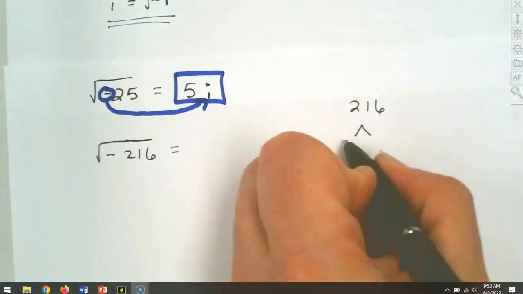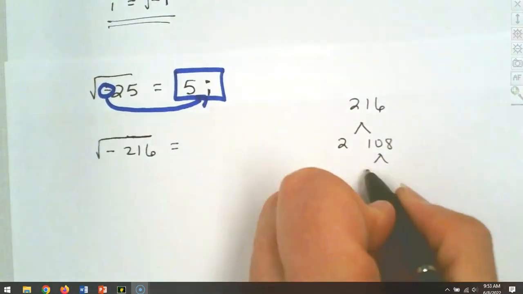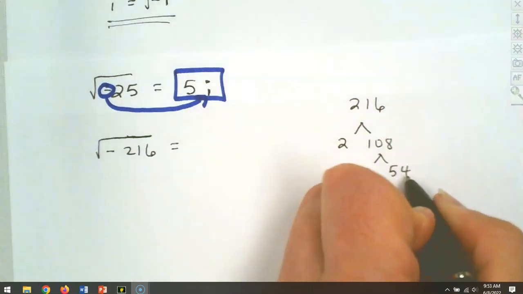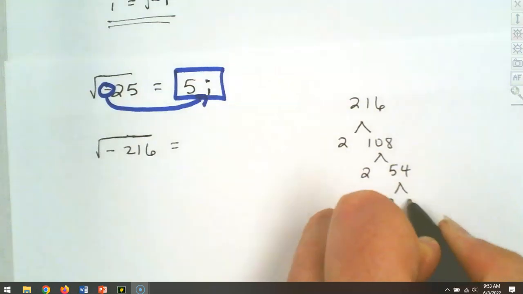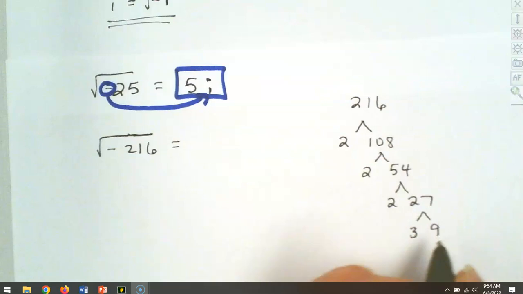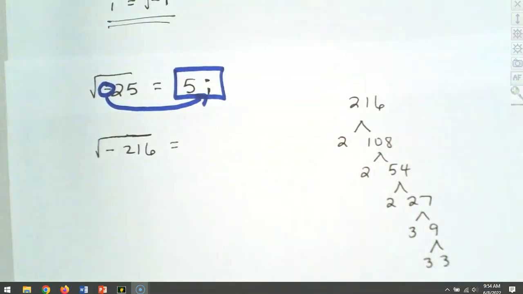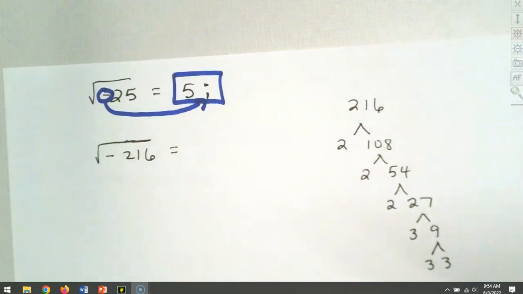So that's a 2 and a 108. And 108 is another even number, so I'll use 2 again. 2 and 54. 2 and 27. 3 and 9. 3 and 3. This one's a little more challenging as far as breaking it down. We've broken it down as far as we can.